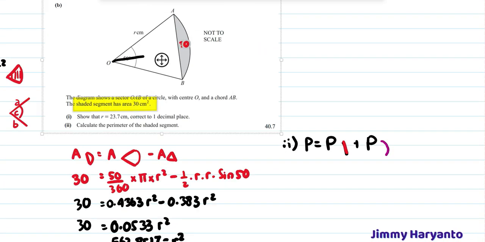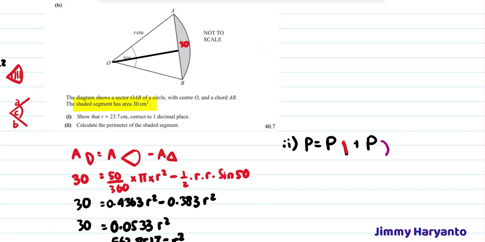For the first, you have to split it into two parts like this, so you'll have a right-angled triangle. Okay, so the r is already given. It's 23.7. That means this one is also 23.7, and this angle is 25 degrees.